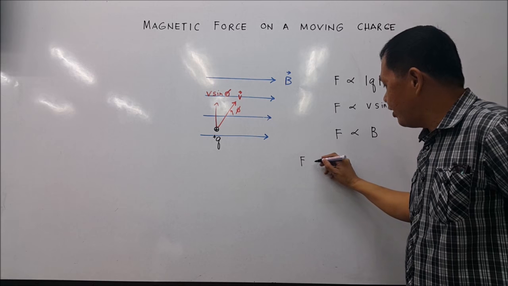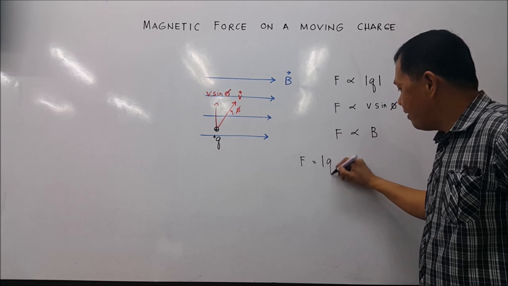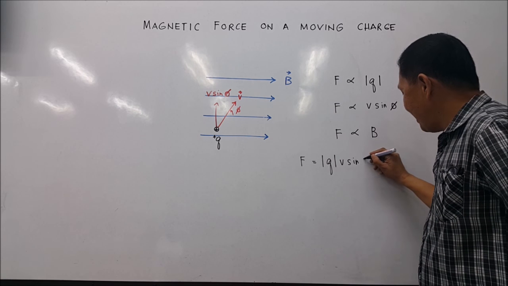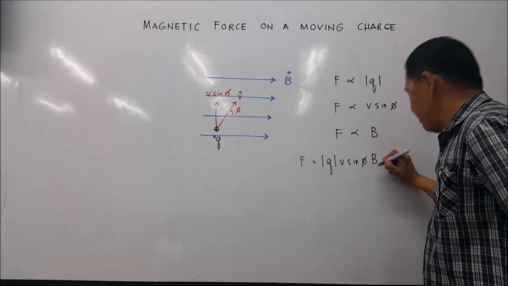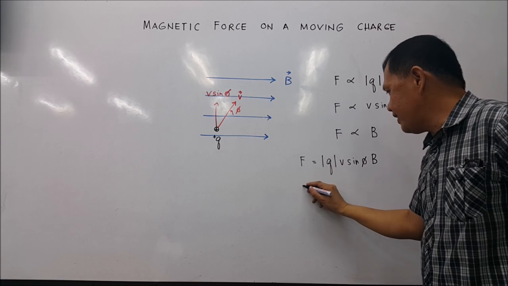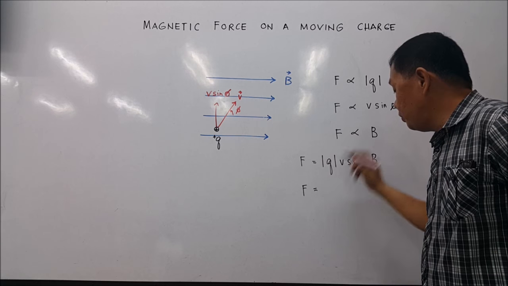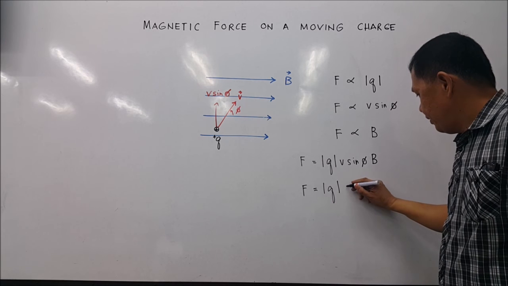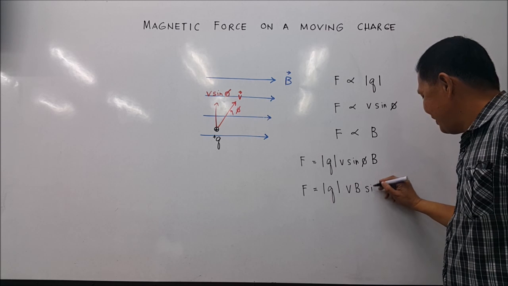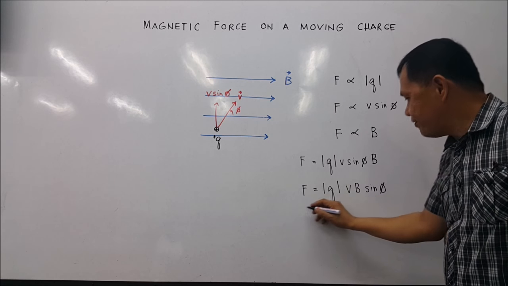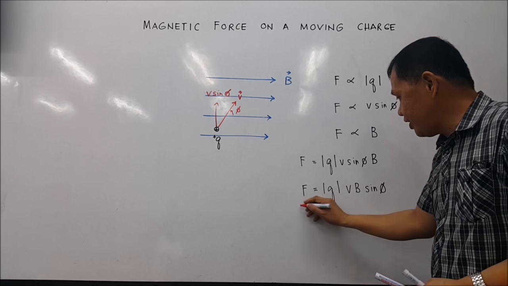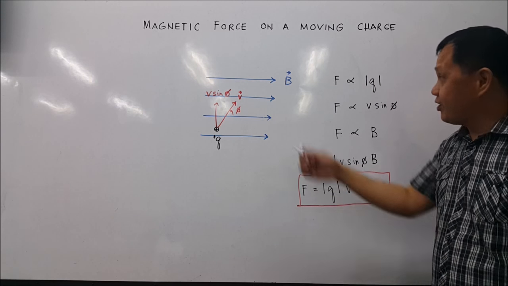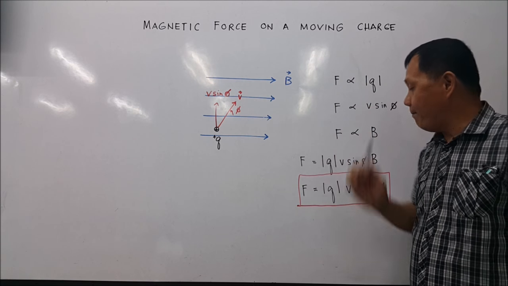The magnetic force on the moving charge is equal to the magnitude of the charge times V sine phi, or we could write this as F equals magnitude of Q, V B sine phi. So this gives us the magnitude of the magnetic force on a moving charge, the magnetic force exerted by this external field B.